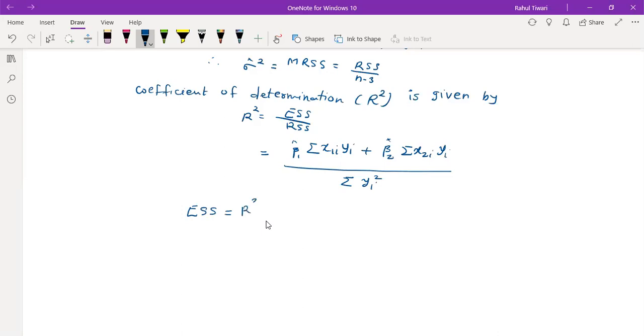R square into TSS and RSS, summation yi square minus R square summation of yi square equal to 1 minus R square summation of yi.